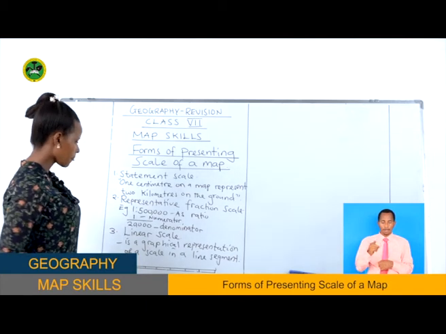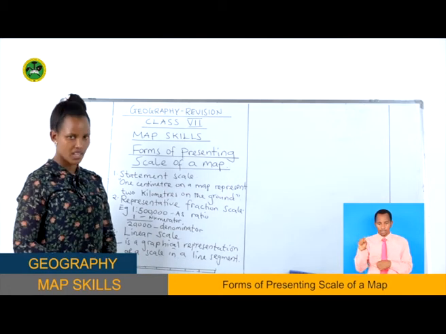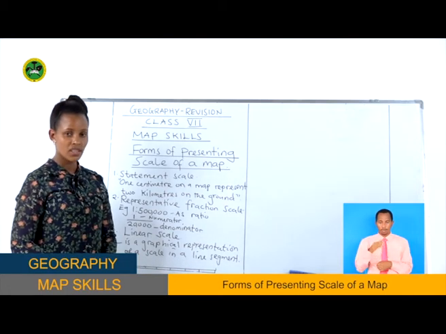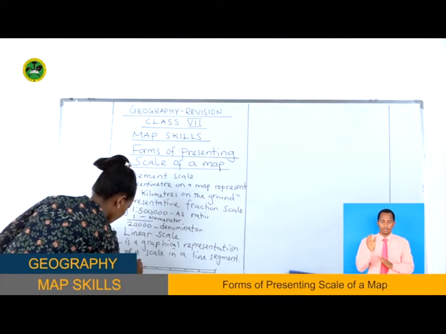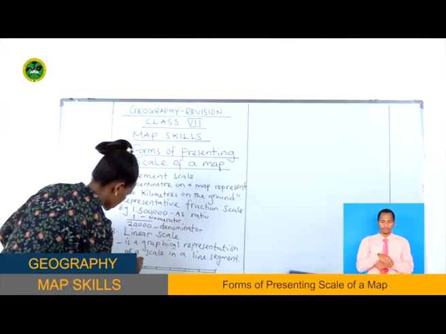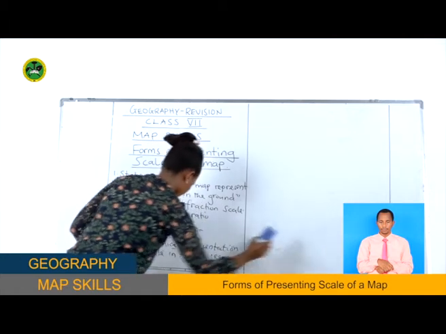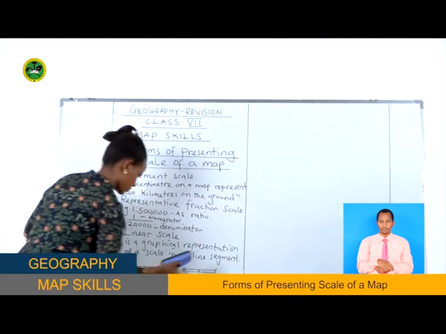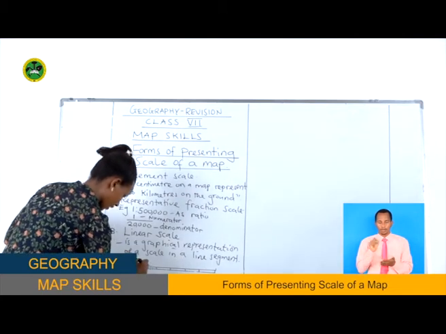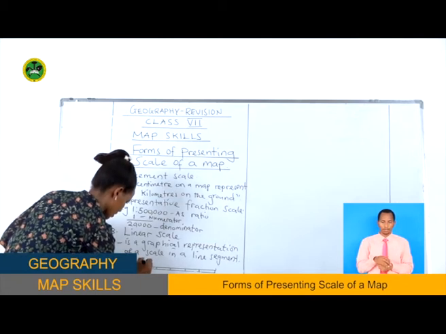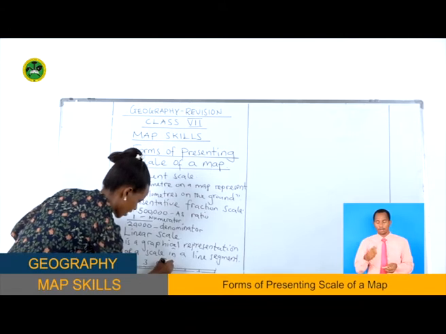Then the linear scale has 2 sections. Primary section, which starts from the 0 mark. So 0 can be here, somewhere here. Then here it can be maybe 3, 6, 9.